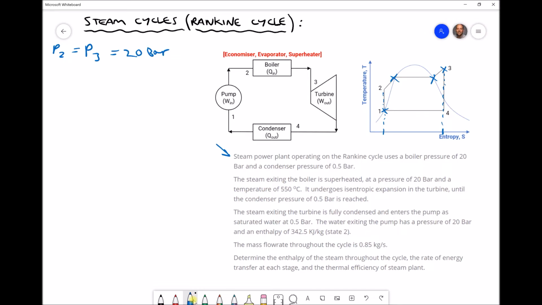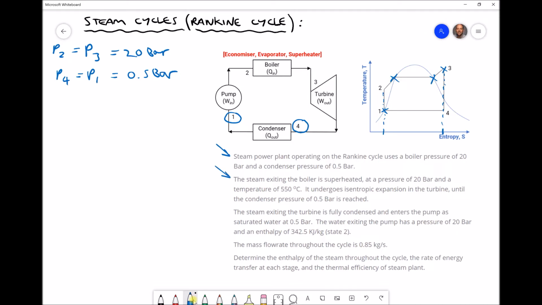We also know that the pressure at the entrance to the condenser, position 4, and the pressure at the exit of the condenser, position 1, is equal. So we can write P4 equals P1, and we're also given that pressure for the condenser, 0.5 bar. So we already have some information about the pressures at each of those positions.